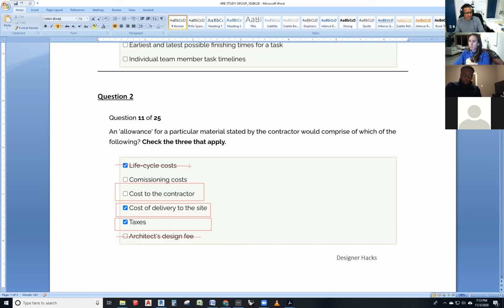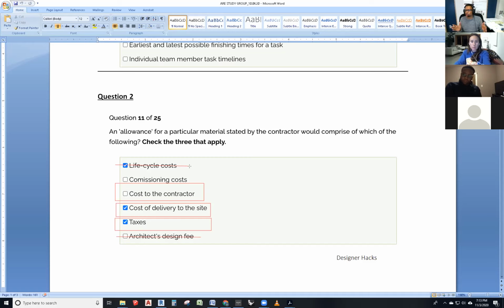And I don't think it has to do with life cycle costs, right? Let's talk about life cycle costs. Life cycle costs is related a little to operating costs of something. So you buy that thing, and that thing costs me so much over a period of time. And when something is very efficient, you know the payback of that item.